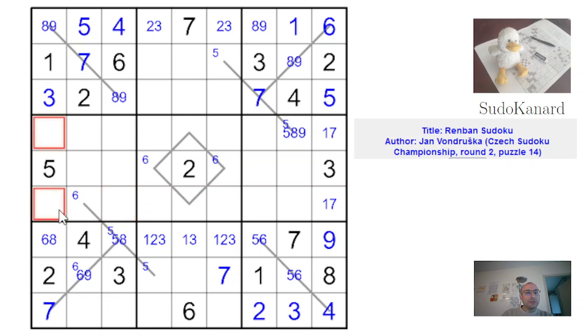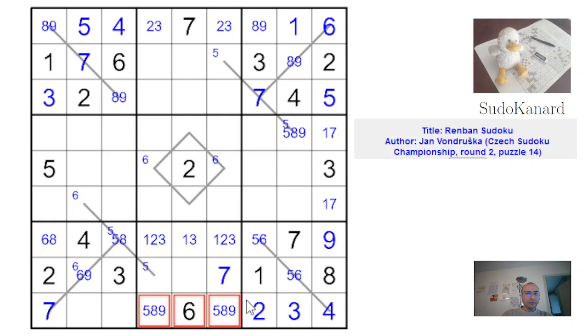There is a 4 somewhere here. 8 there, so we have an 8 somewhere in here. Those are from 5, 8, and 9.